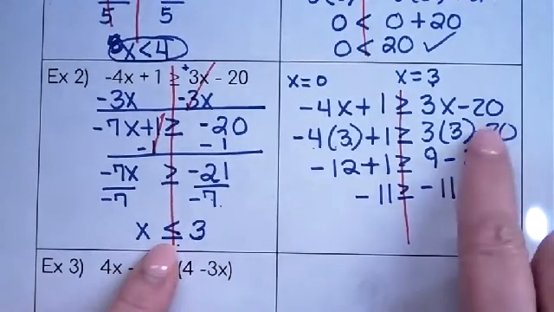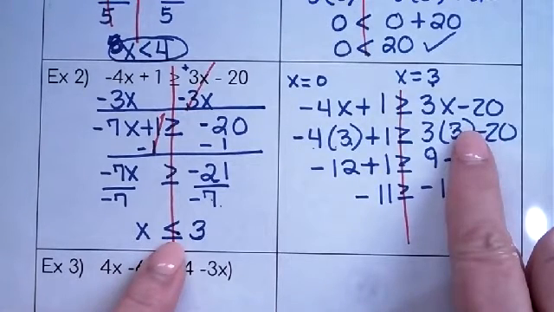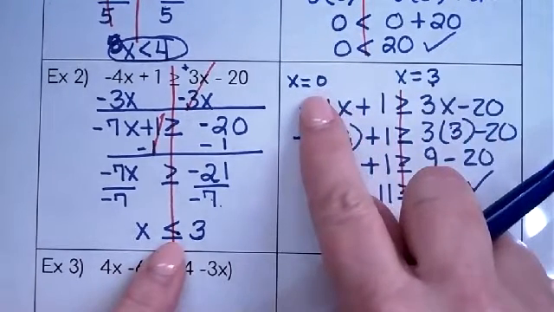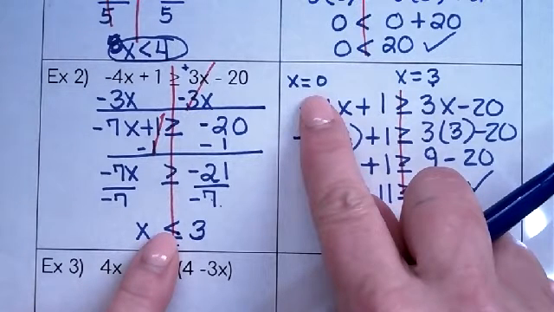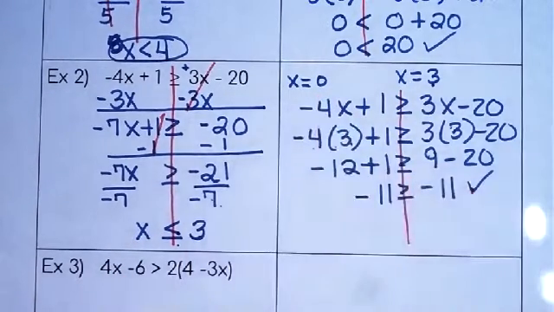So when I checked 3 in it, that's the equal to part. When I checked my 0, that was on the back of my paper, that was the less than part. Okay? Now, pause your video and let's copy that down. And then we'll work on example 3.